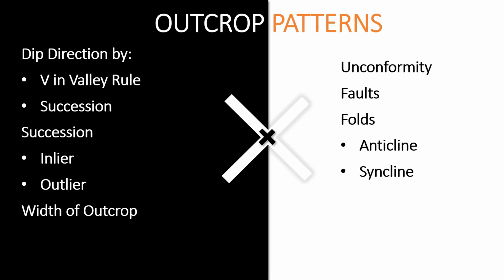So unconformity. Unconformity happens when younger outcrops cut across the ends of outcrops of older beds.